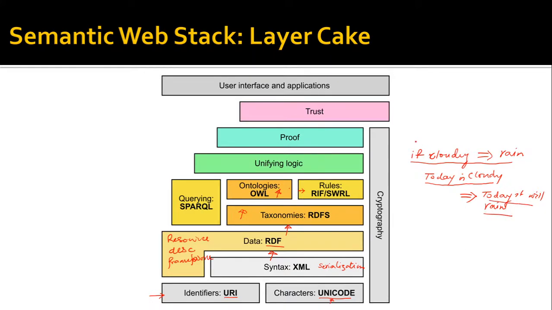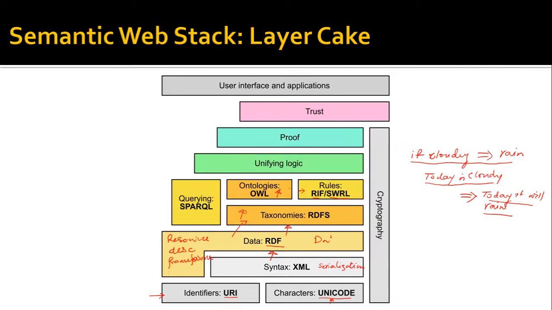So we see that rules are important, and these rules are represented via Rule Interchange Format or Semantic Web Rule Language. So to represent this rule, we need to have a language. Now with all of this, we have the data, and on top of the data we have the organization.